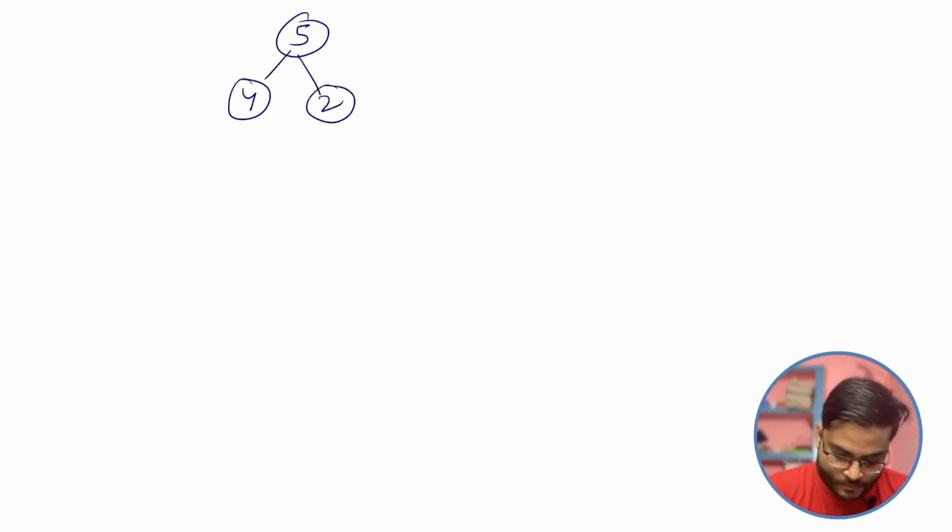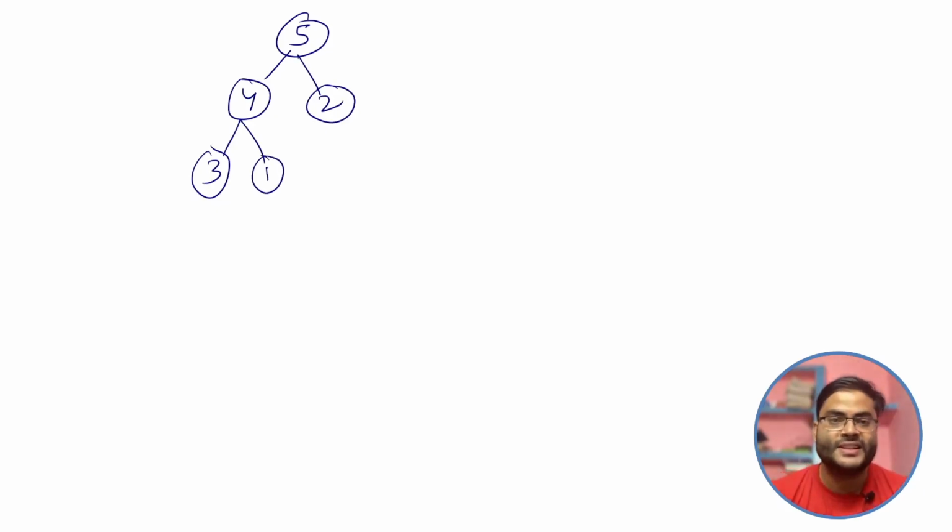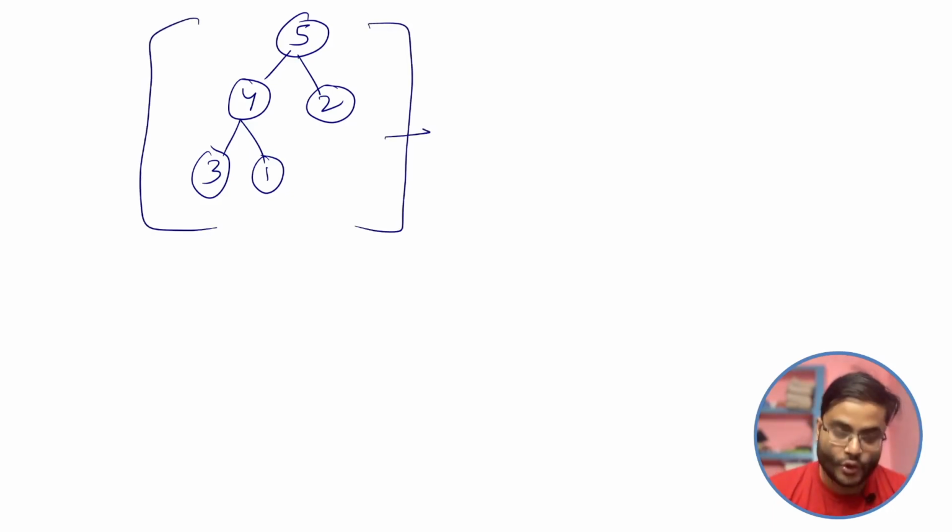So what if we want to delete? Let's take an example. This is our max heap and I want to delete from the heap. I will delete from the top.